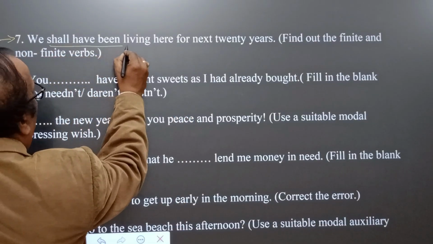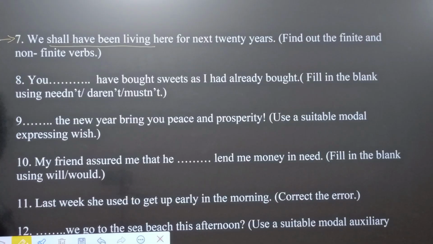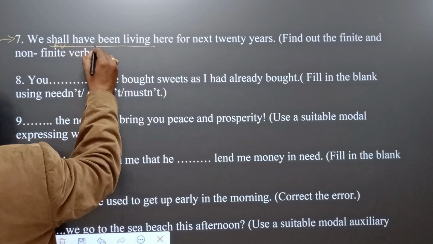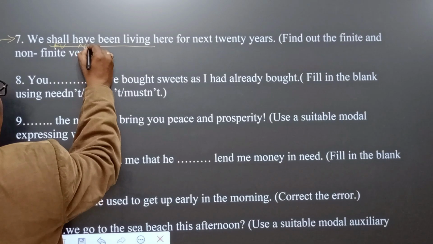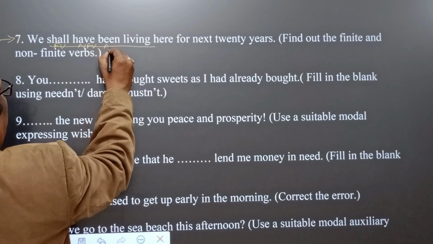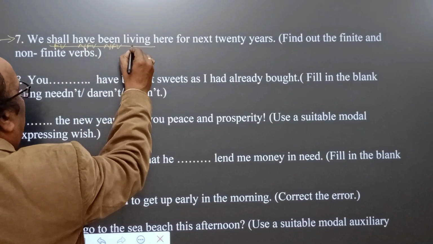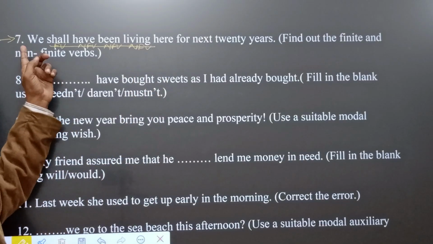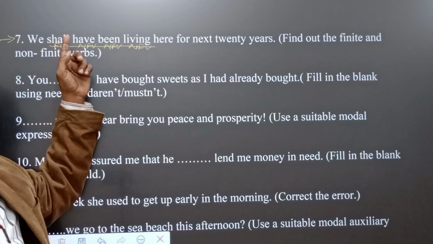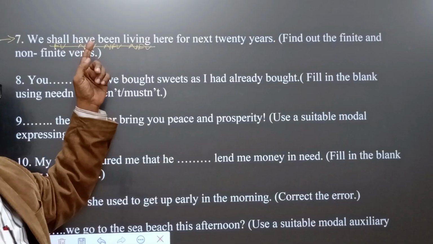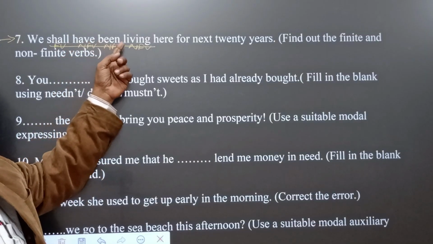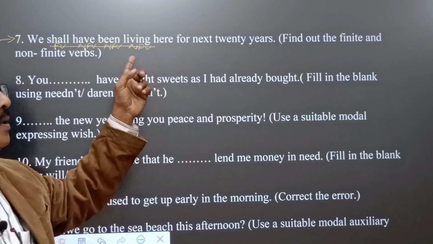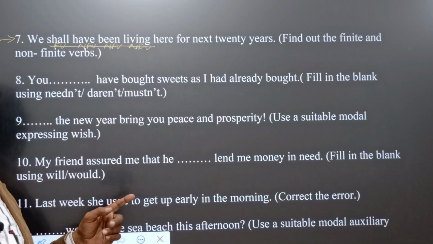Here, we shall have been living is the verb phrase, and shall is the finite verb, have is a non-finite verb, been is a non-finite verb, and living is also a non-finite verb, because shall indicates a future tense, but have been living don't express any tense. Therefore, they are non-finite verbs.